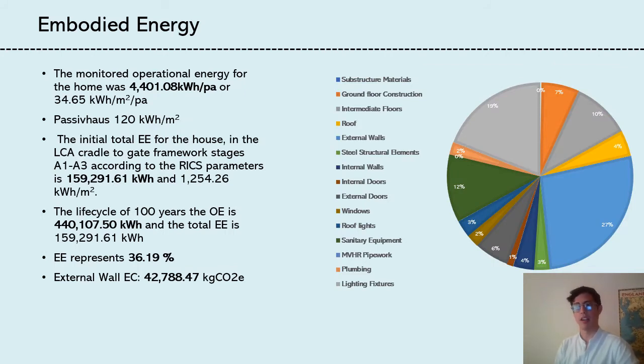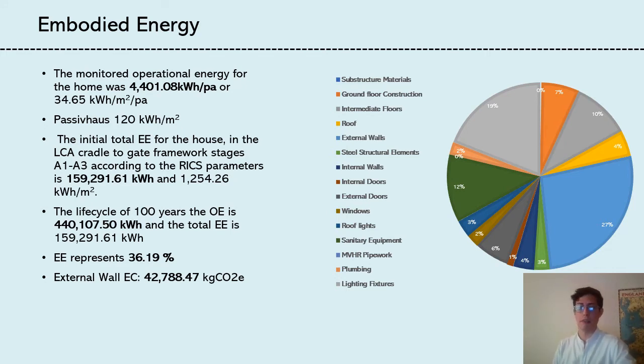When we started accounting for the embodied energy and operational energy, we got really interesting findings. For example, the operational energy was just 34.65 kilowatt hours per square meter per year, contrasted with what Passivhaus requires, that is 120, so it was way lower. Probably it was related to the number of users or different circumstances.